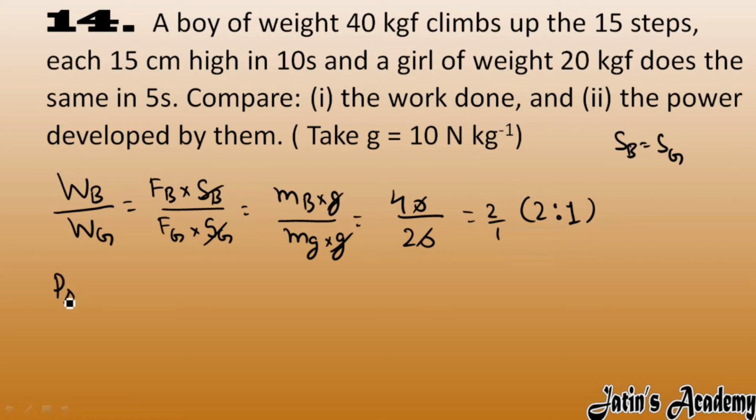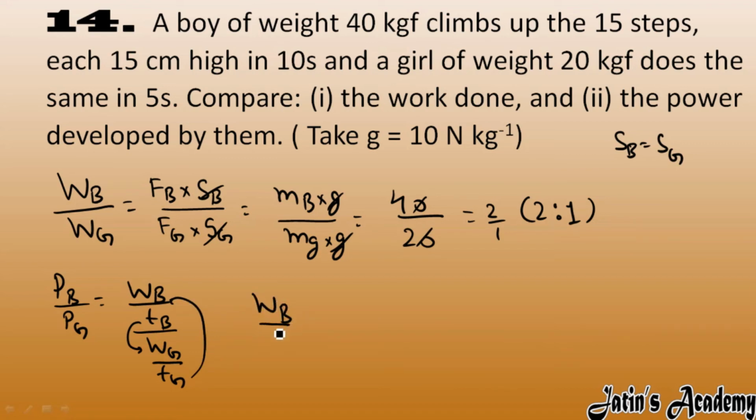Now we have to calculate the power. Power developed by boy to power developed by girl. The power formula is work done per unit time. So this time is multiplied here and this time is multiplied here. So work done by boy over work done by girl, into time of girl over time of boy.